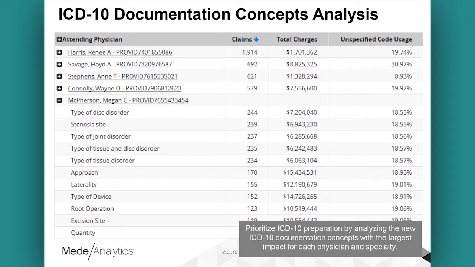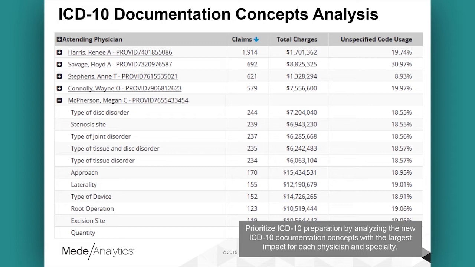Another great example, Amy talked a lot about this one, is the whole ICD-10 documentation concept analysis. This is what it actually looks like when we're doing analysis down at the physician level. So I've created a report here that shows 5 different physicians in the orthopedic specialty. I can see how many claims they have at risk for essentially new documentation and additional complexity when they go from ICD-9 to ICD-10.